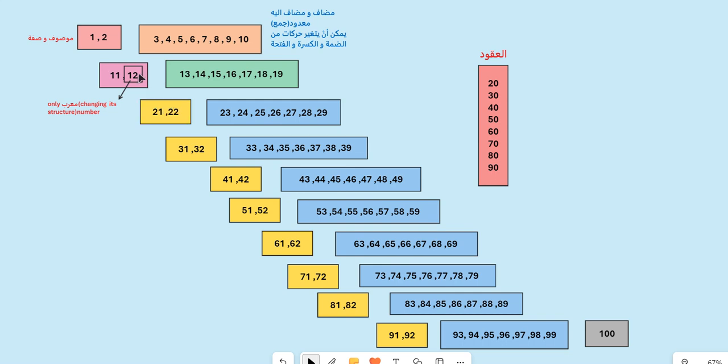And now you can see 11 and 12, the color is different. That means 11 and 12 have a different rule, and the other numbers don't follow that rule. And I have marked number 12 as the only mu'rab. Mu'rab means the one that changes, its structure changes. So you call it in Arabic mu'rab. And the noun or the number that doesn't change, what do you call that?